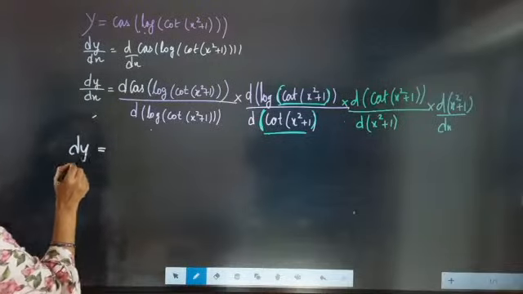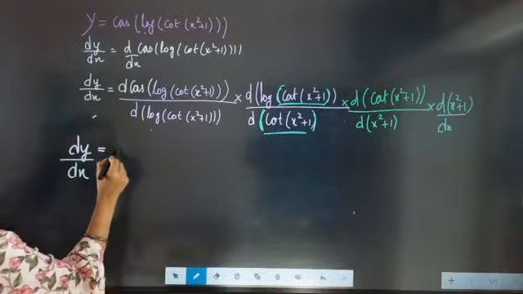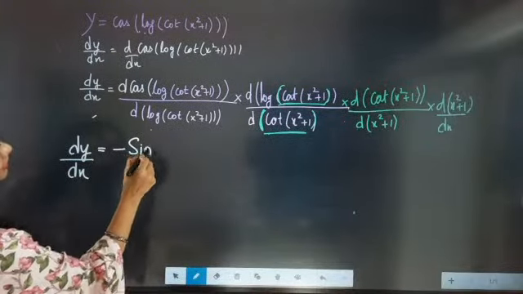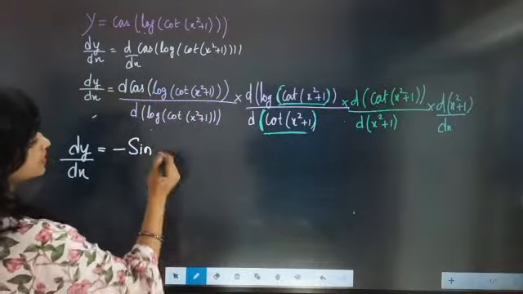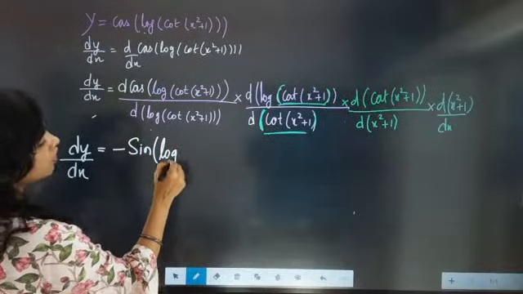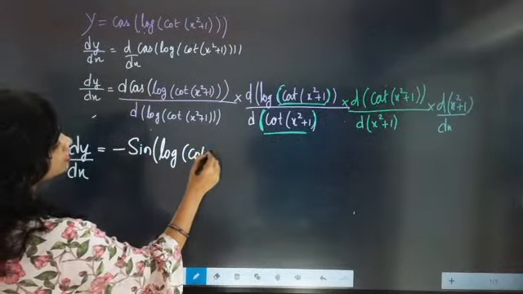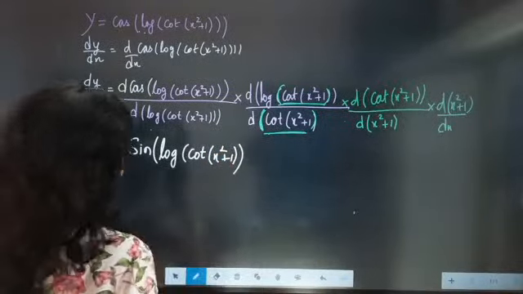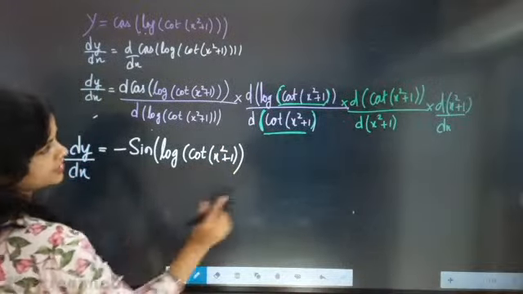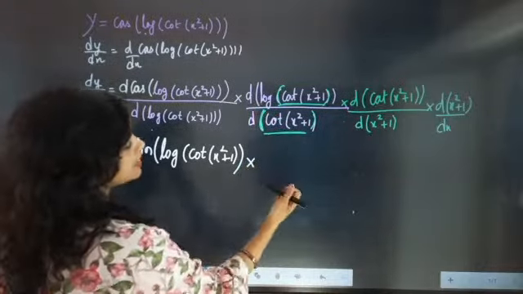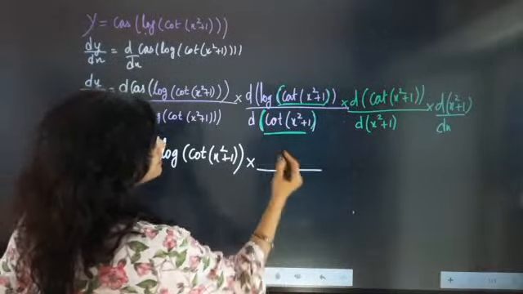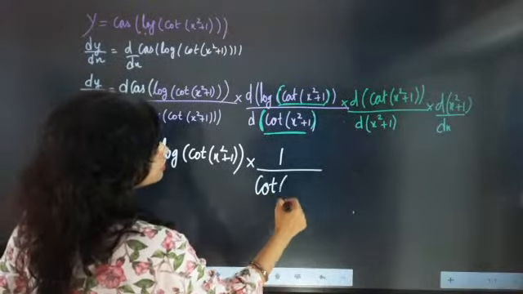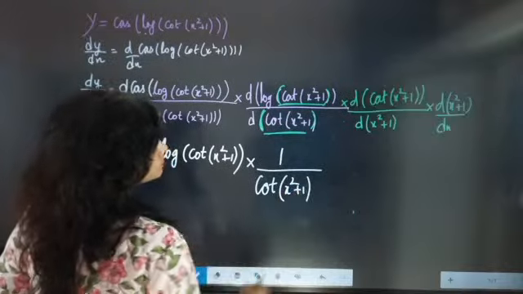So dy by dx will become minus sine, and whatever is inside, write it: log of cot of x square plus 1. One stage ready. Now the log part is 1 by cot of x square plus 1.